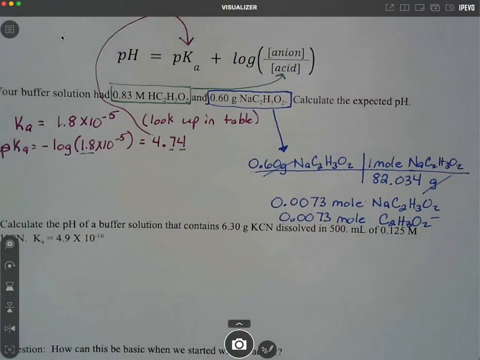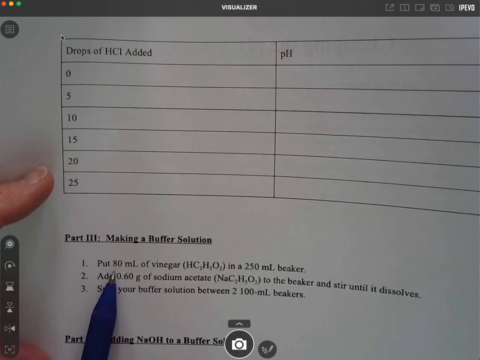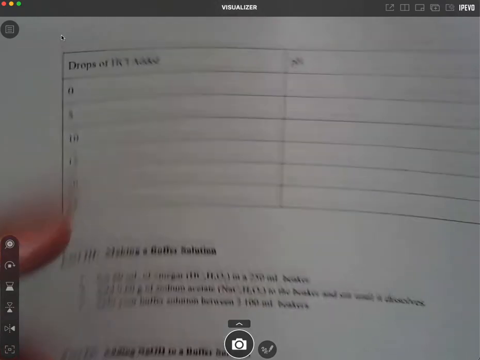However, even though I took them away from you, we know if we look back in the little sheet that described the preparation of our buffer solution, making a buffer, we did this in 80 milliliters of solution.